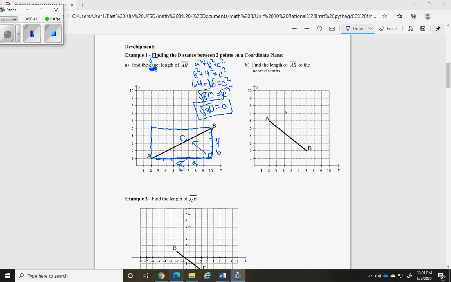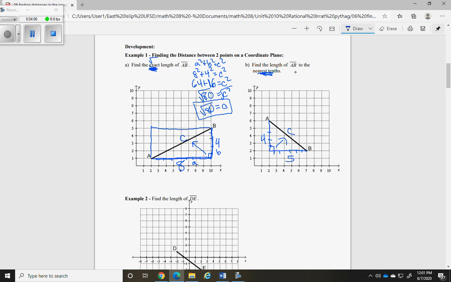We do the same thing for B. Now it says to the nearest tenth. So draw a right triangle. Count the horizontal and vertical lines, which happen to be the legs. 1, 2, 3, 4 units. 1, 2, 3, 4, 5 units. And this, I don't know how long it is. That's your C because it's across from the right angle.